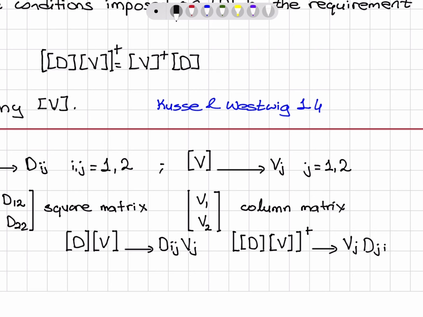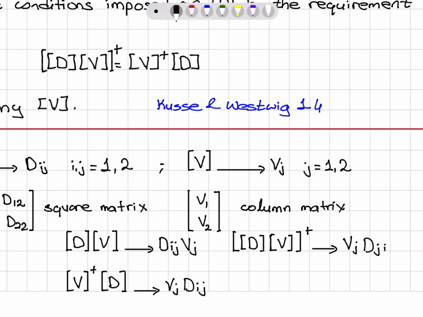Okay, now if I do V transpose times D, because I'm using only one index here, that has the same representation in subscript summation notation, Vj multiplied with Dij.